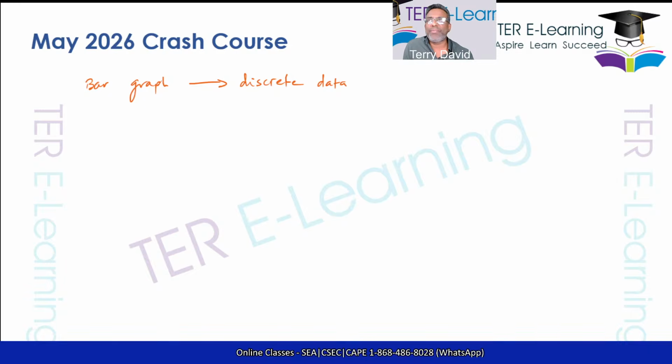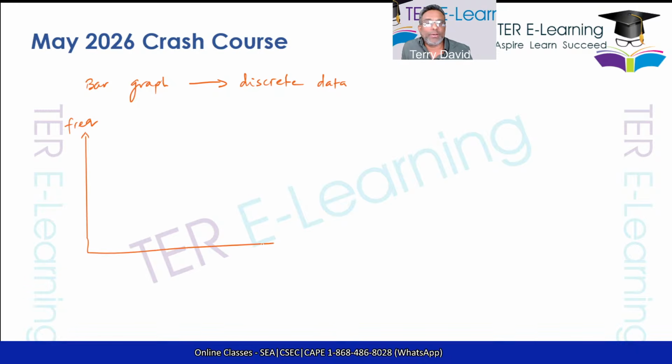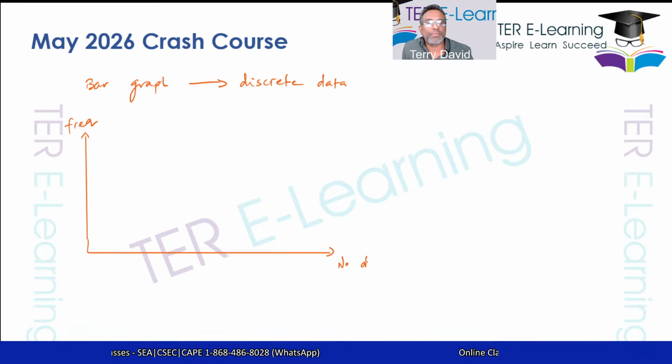So for example, if you all are playing football and we're looking at the number of goals that you score, and I would have plotted a bar graph, it might look something like this. So you have frequency here, and let's say on the x-axis we have number of goals scored.